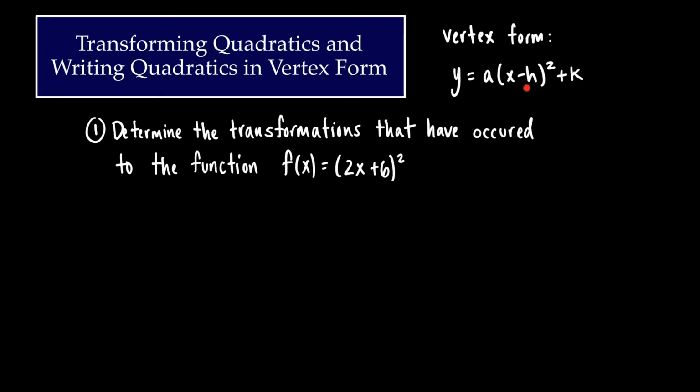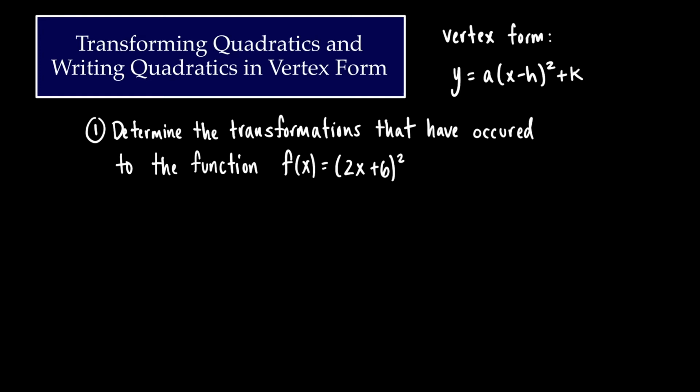And a couple points here. This doesn't need to be a minus here. Think about this: if we had x minus h, and h was negative 2, you would have x minus negative 2, which is really x plus 2. So you can have a plus sign here. You can also have a negative sign here. That's not uncommon. So if we had minus 3 as the k value, it'd be the same thing as saying plus negative 3. So that happens. Just keep that in mind.